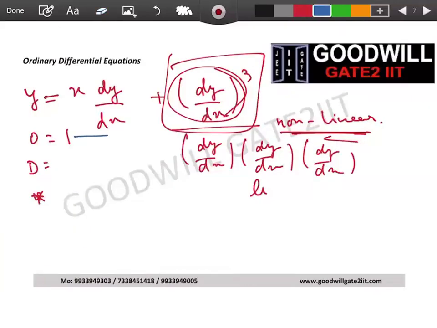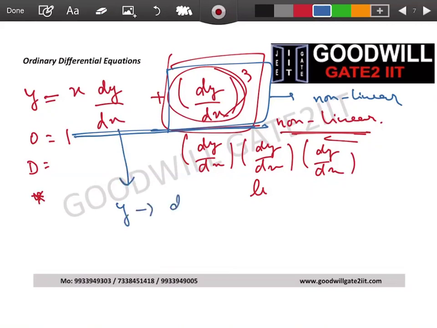In this example, this is the term that makes it non-linear. The first term is x dy by dx. Please note that y is the dependent variable and x is the independent variable here, so x into dy by dx is not a problem.